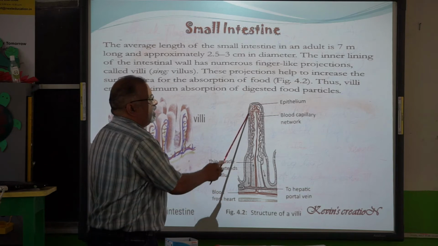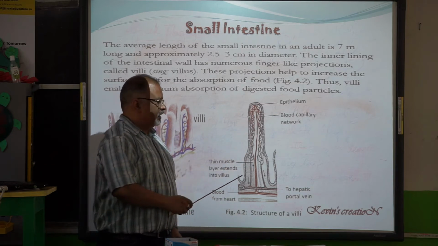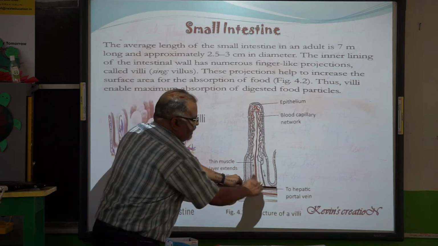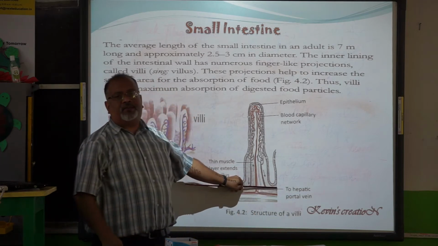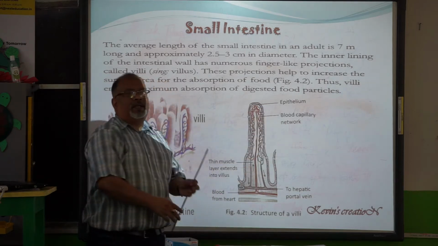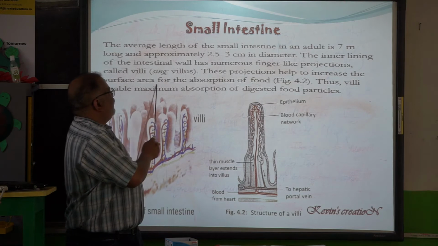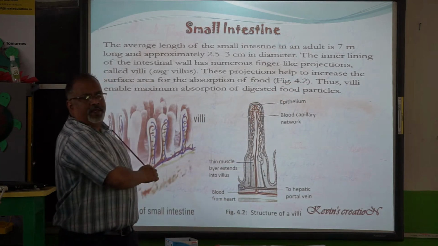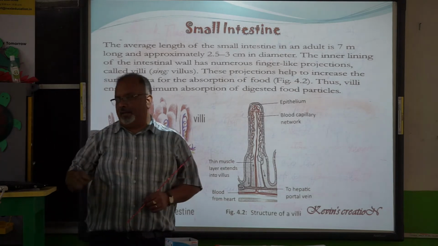And that is how the surface area is increased. Just imagine if the inner wall was this much only, so only this surface was there for the absorption. Now it can absorb from everywhere. And that is how it is written here: the surface area of the absorption is increased because of the finger-like projections called villi.